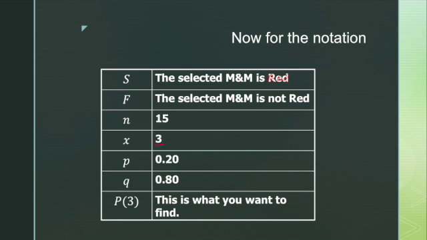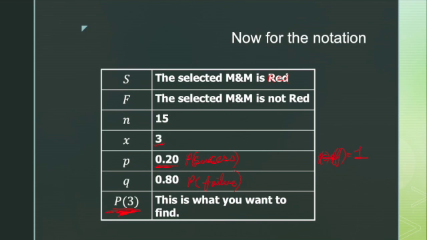That gives me a probability of 0.20. And this, remember, is the success. This is P of success. And this is the probability of failure. So success plus failure, the probabilities are always going to add up to 1. And P of 3 is what we want to find.